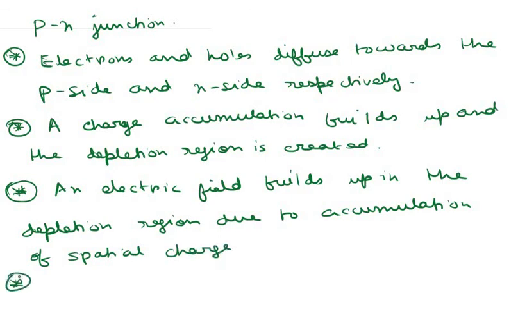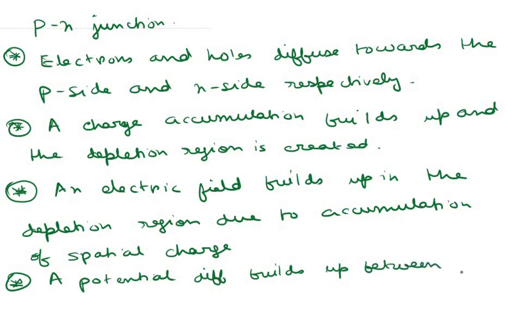And the fourth thing that happens is that a potential difference builds up between the p side and the n side. Note that we have not yet applied any voltage across this PN junction.